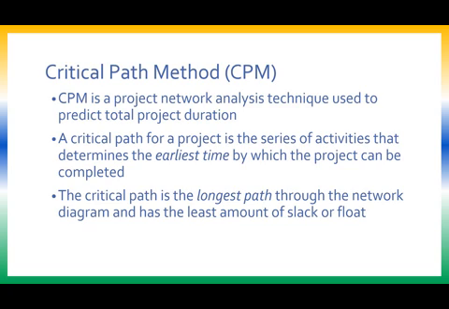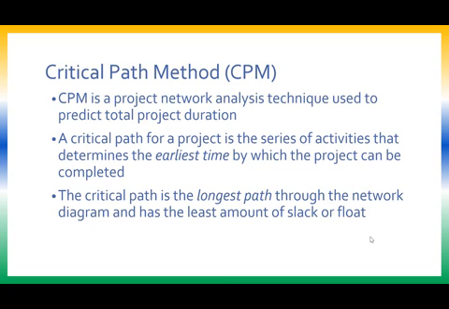So we are trying to assess what will be the earliest possible time, or the best possible time, within which the project can be completed. The critical path is the longest path through the network diagram and has the least amount of slack or float. So the overall longest path which decides the duration of the project is called the critical path.